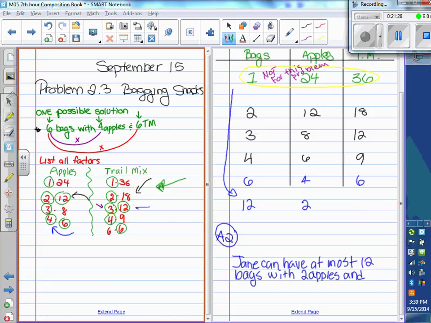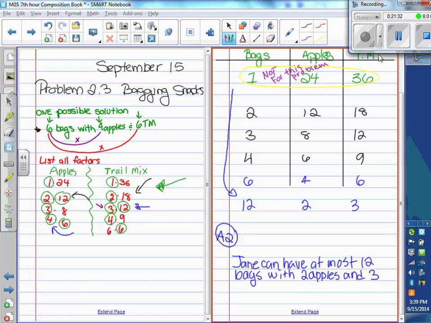Oops. 12 bags you have and 3 packets of trail mix in each.